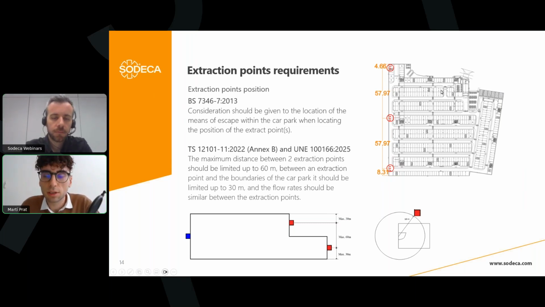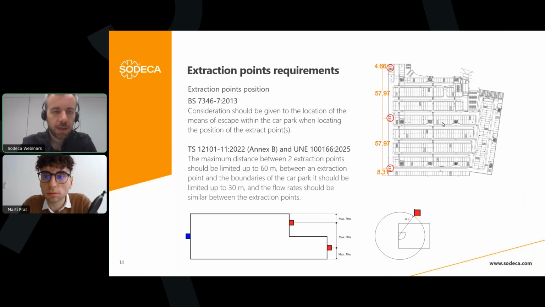This is mainly because we don't want very large distances, so you could have some dead zones in the middle that could make the cleaning of the car park difficult.